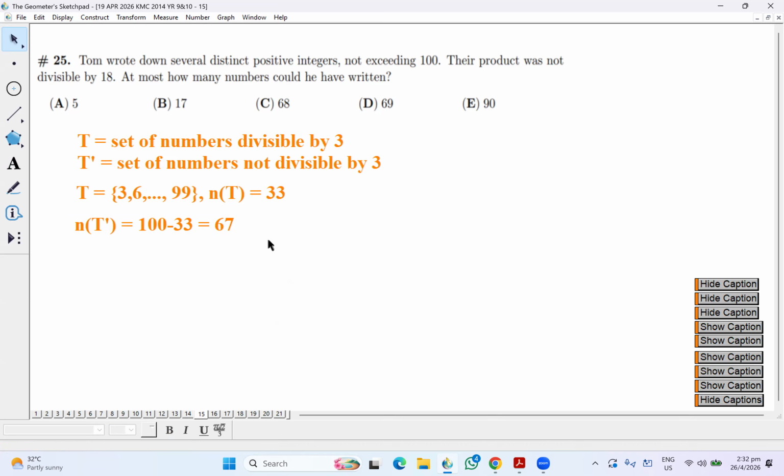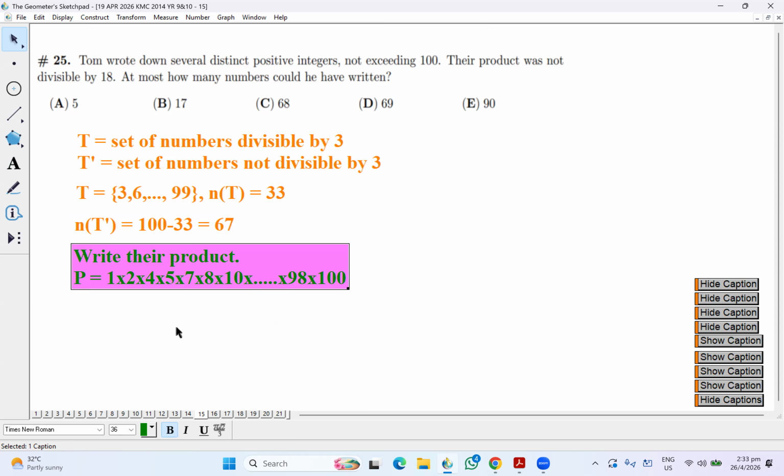Not divisible by 18. So not divisible by 3 guarantees not divisible by 18. We look at the product: 1, 2, 4, skip 5, skip. All the multiples of 3 we skip.